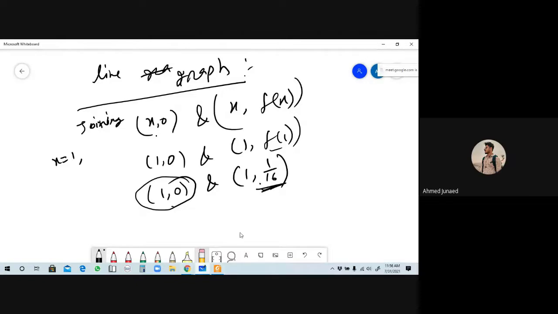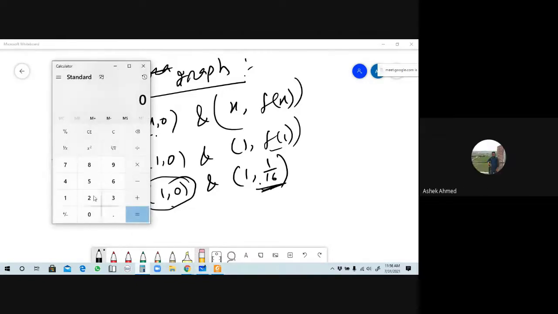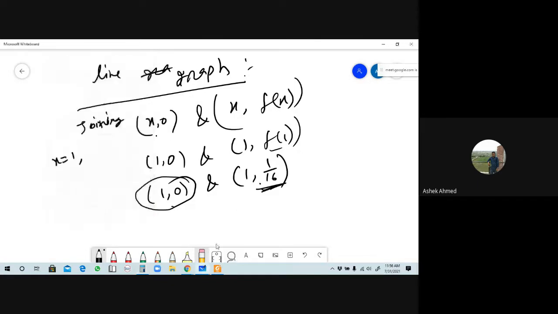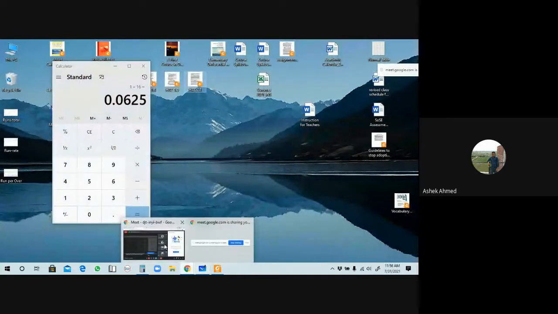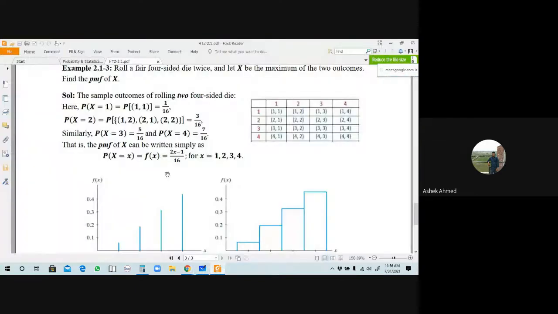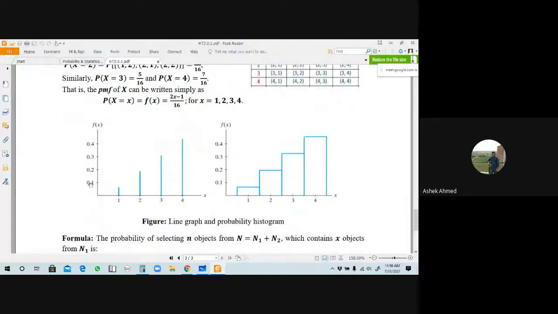The value of 1/16 is 0.0625. Can you say 0.0625 is less than 0.1? This is 1 comma 0, this is 1 comma 1/16.